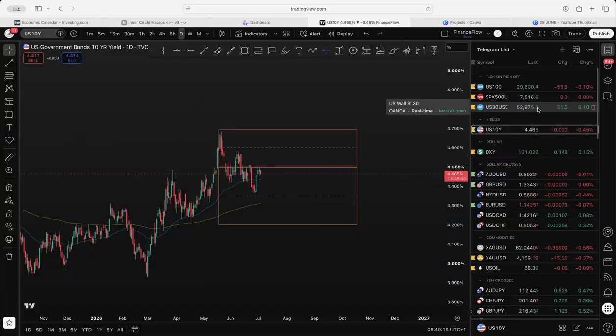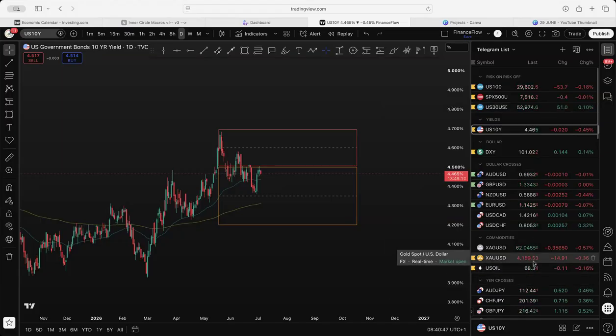So there are mixed reactions in the market as opposed to where money is going. It's trickling into the dollar, but overall there's not as much money flowing as there would be if it was more decisive one way or the other. So that's obviously what we're looking at the moment.